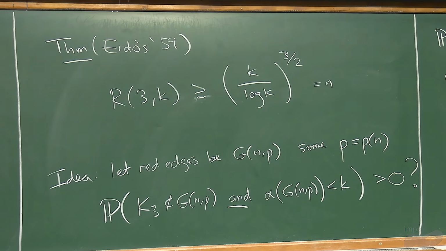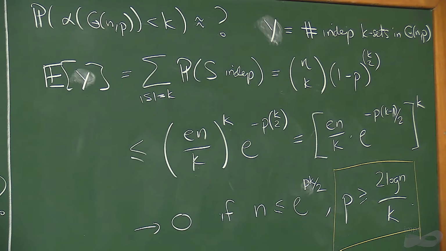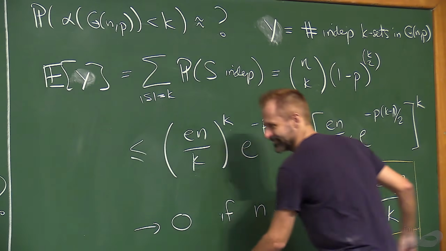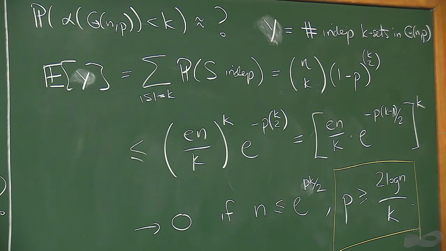Okay, so all we have to do is show that for a suitable value of p, we don't have more than n over 2 triangles. How are we going to do that? Okay, that's what we want up here. So we gave up on this.